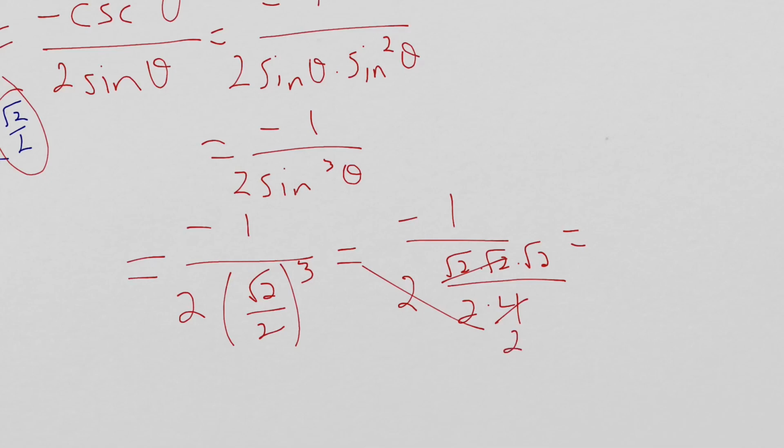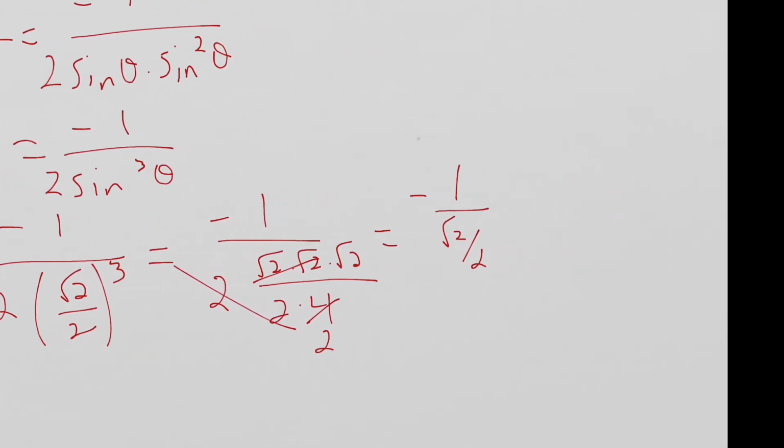And now I'm going to reorganize my work because it's a total mess. I've got negative 1 over root 2 over 2. You may know what that is. It's just root 2.